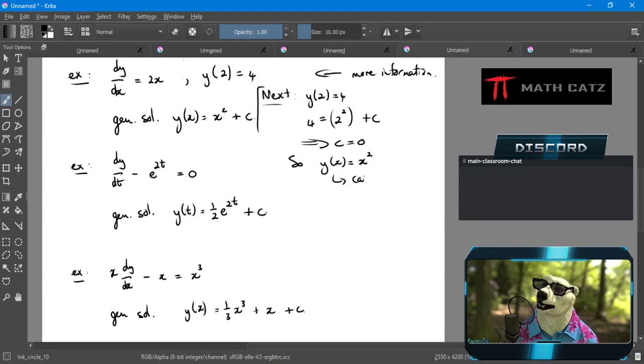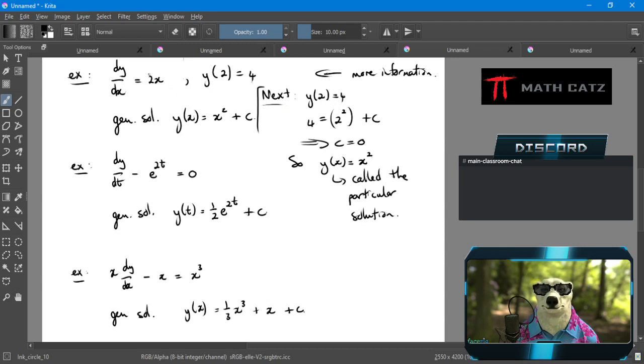And we'll call that the particular solution. So if you don't give me anything else, then really I can only stop at the general solution. But if you give me a little bit extra, then I can use that to find the particular solution.